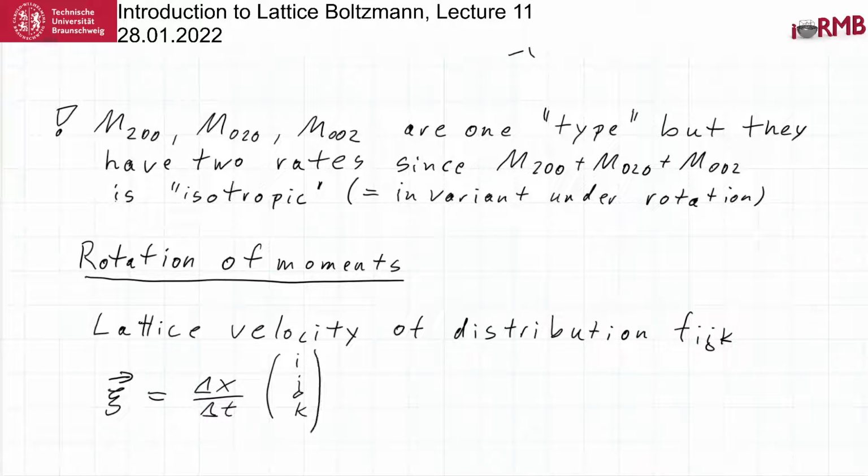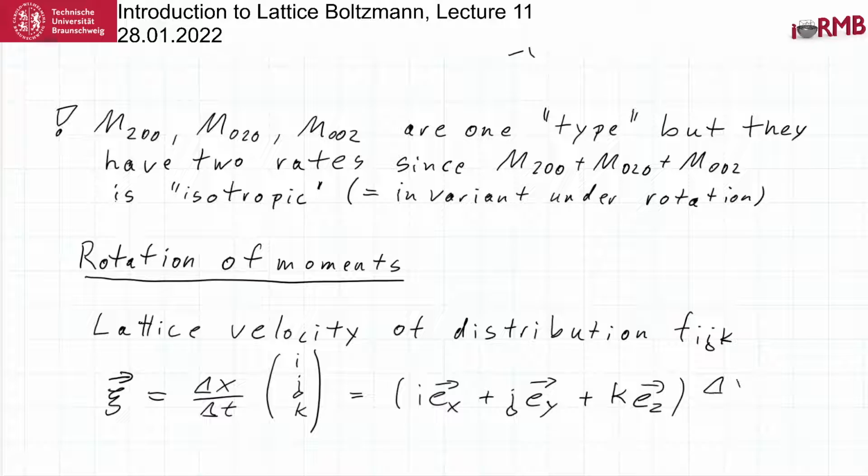So this is the definition of the lattice speed, and this can also be rewritten as i times the unit vector in x direction, plus j times the unit vector in y direction, plus k times the unit vector in z direction, and this times delta x by delta t. So this is the definition of our lattice velocity.